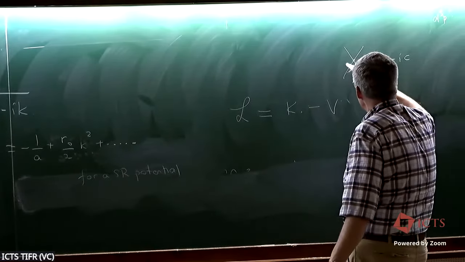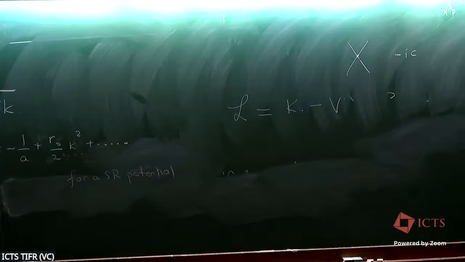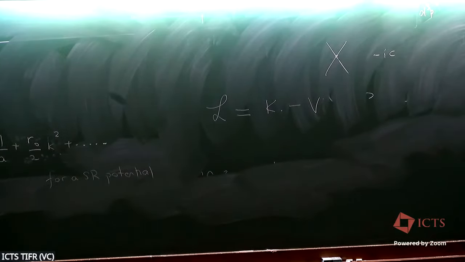So the potential is just what this interaction is between the particles. If I amputate the external legs, that's a separable potential. It is the most simple separable potential you can write down. It is a constant.